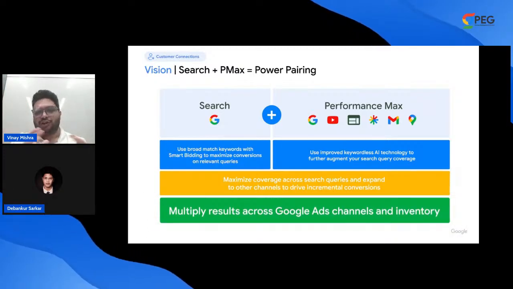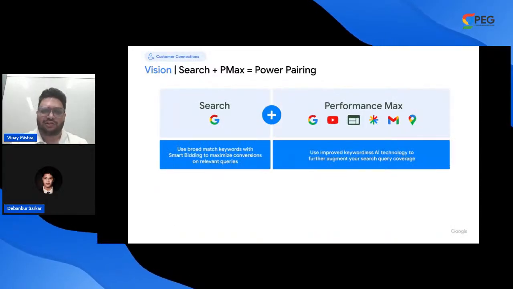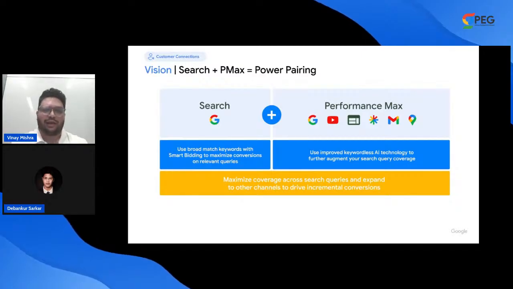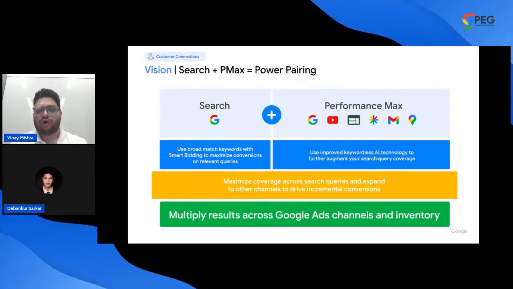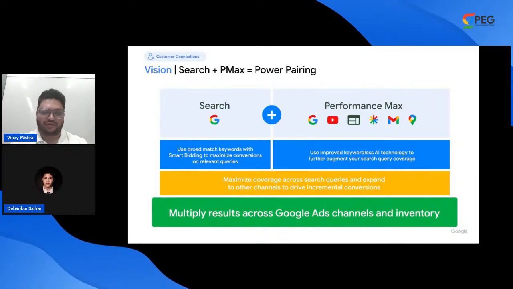The synergy between search and Performance Max is particularly beneficial for businesses because you increase reach by utilizing both campaign types. You can maximize your visibility across Google's vast network and reach more customers and potential customers there.